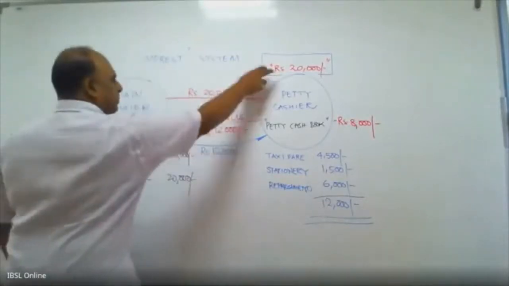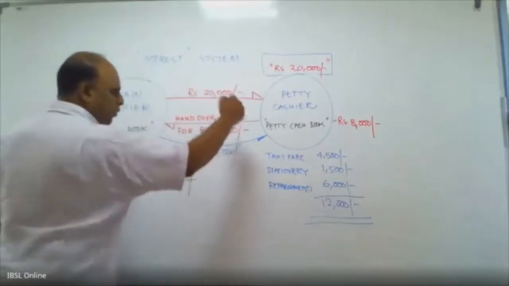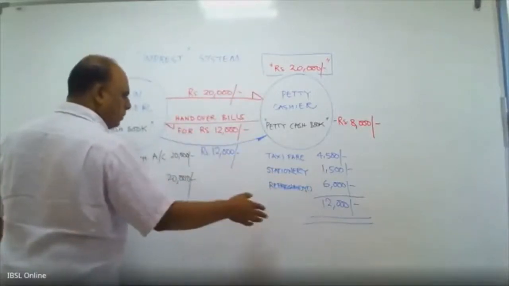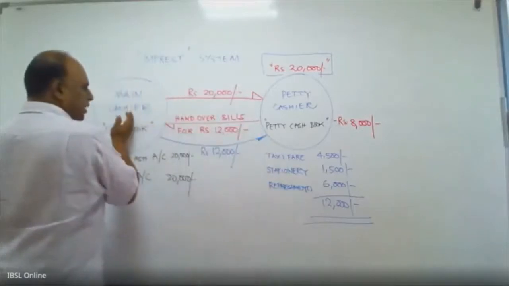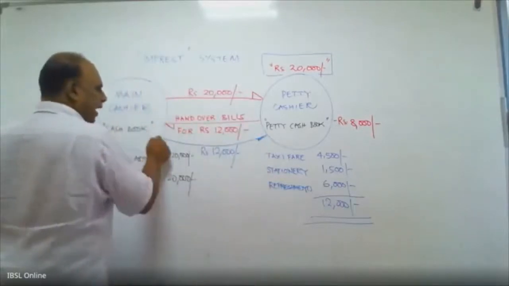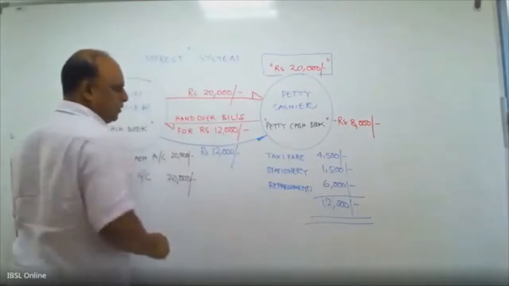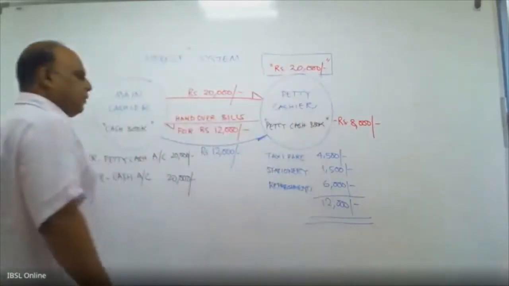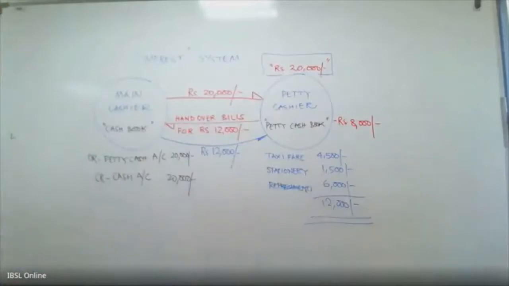You obtain an amount initially, then you do some expenses, prepare a schedule with all the bills, and hand it over to the main cashier at the month end and get the amount replenished. When you get replenished, next month you will again start with 20,000. Okay? So this is the concept of the petty cash book. You can take this down, and if you have any questions, please ask.